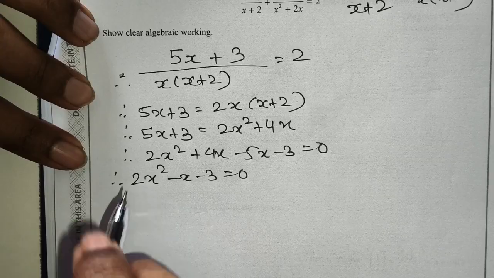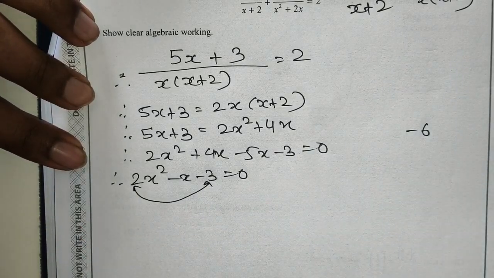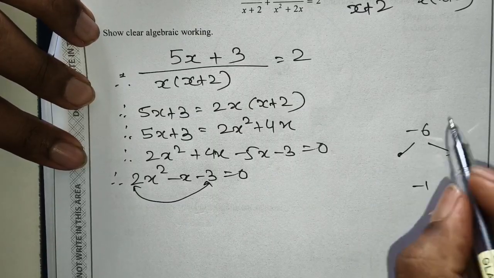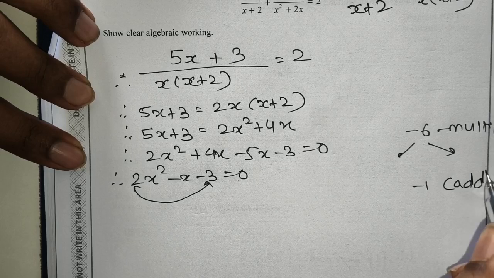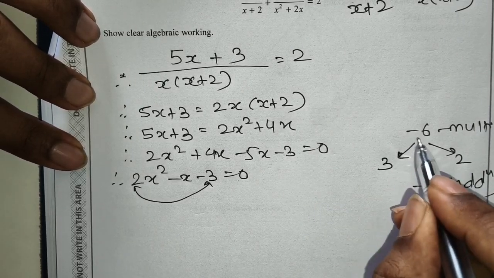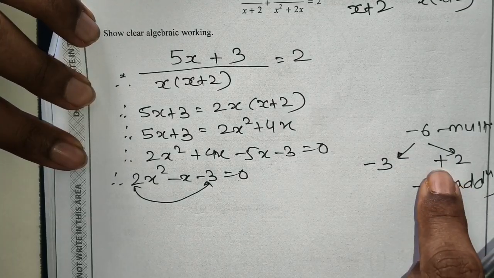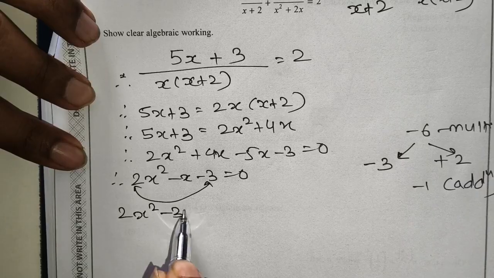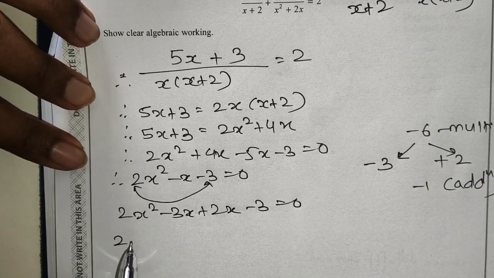So we have to multiply this and this to get a product, which is minus 6, which are two numbers which have minus 6 as the multiplication and this as the addition. These two numbers, I think 3 and 2. Negative sign is in the center, so the bigger number gets the sign and the smaller number gets the opposite sign. Right? So I write it as 2x square minus 3x plus 2x minus 3 equals 0.